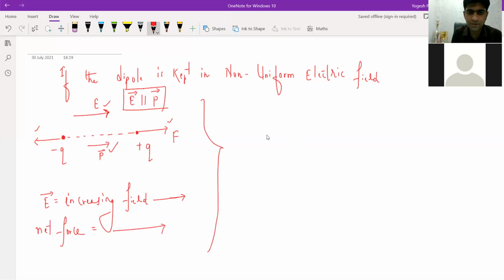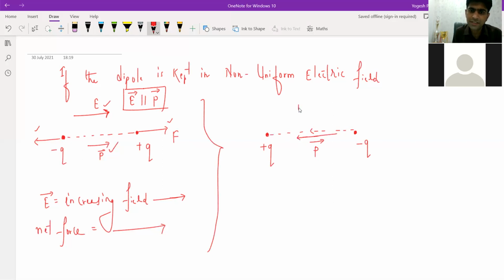Now if we reverse the case, if we take the anti-parallel case, suppose this is your positive charge, now this is your negative charge. Now if you see, the direction of dipole moment has been reversed. Now this dipole moment will be in the left hand side direction.